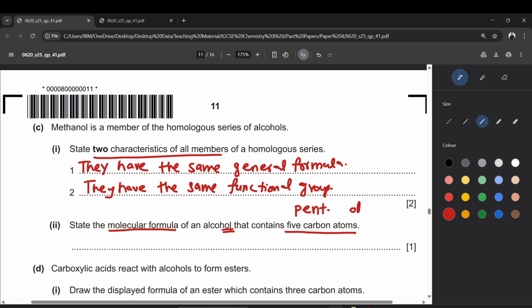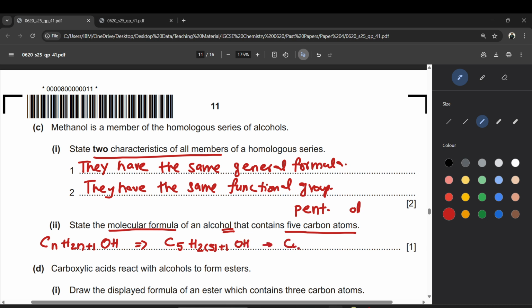So first of all we need to know the general formula for this. The general formula for alcohol is CnH2n+1, and then at the end you put OH. So that would be C5H, 2 times 5 plus 1, and then you have OH.